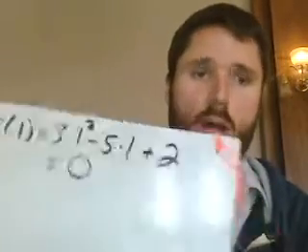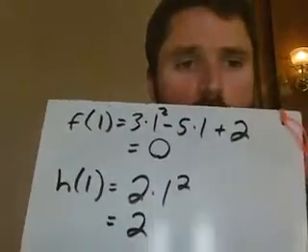Oh, and this is 1 squared. It doesn't matter, but there you go. h of 1 is equal to 2 times 1 squared, which is simply equal to 2, because 1 squared is 1, times 2 is 2. So h of 1 should be 2. And lastly, we have g.